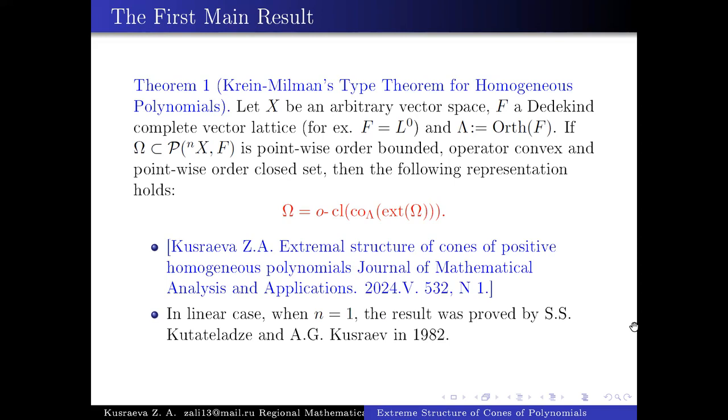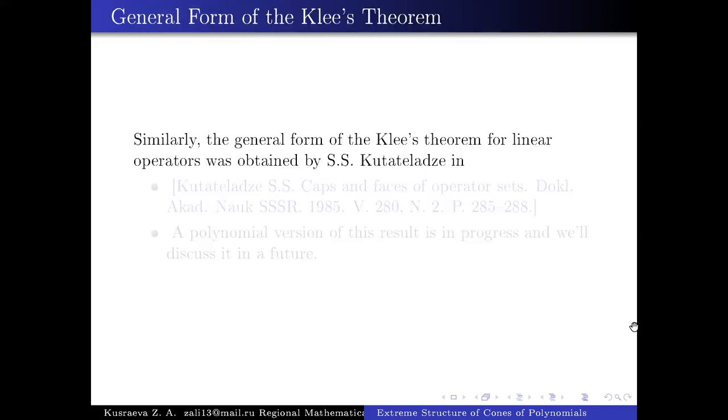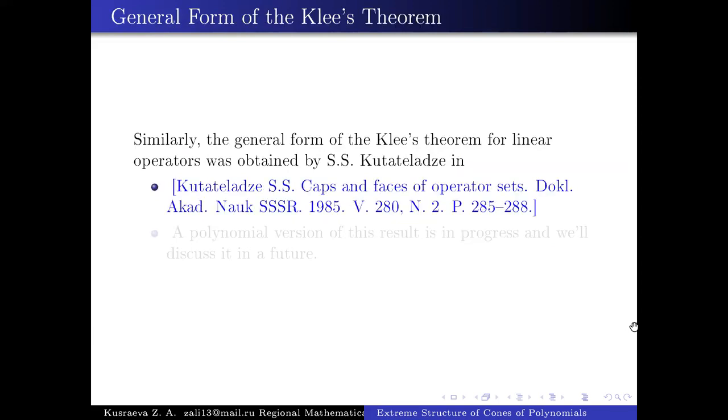Also, a general form of the Krein-Milman theorem, which we discussed earlier, was obtained by Professor Kutateladze in 1985 for linear operators. But in the article which I show you here on the slide, the polynomial version of this result is still in progress, and I hope we'll discuss it in the nearest future.